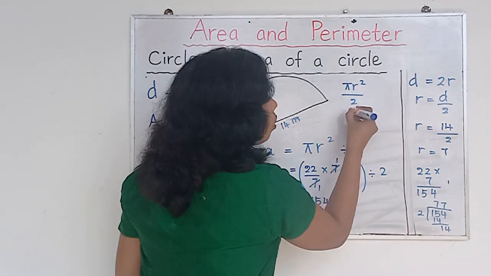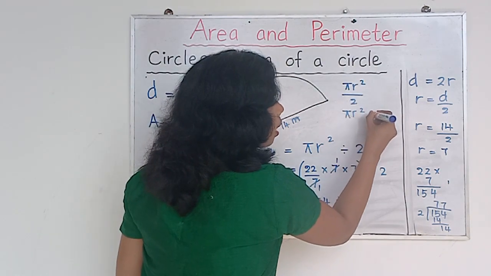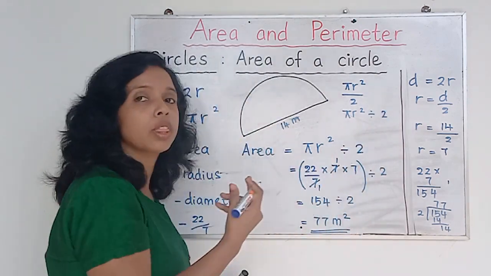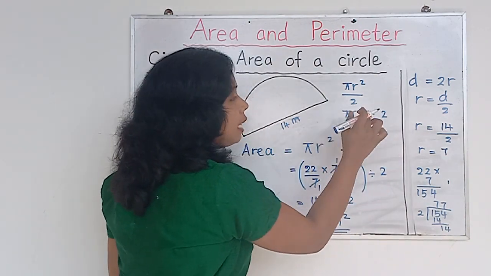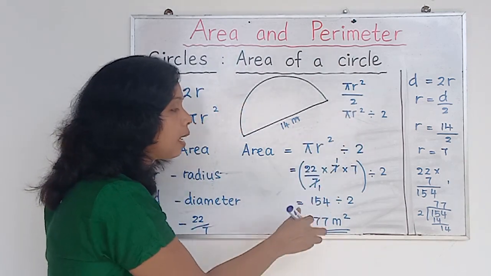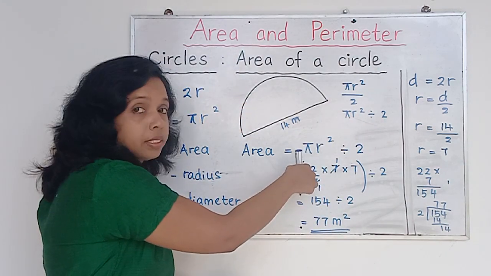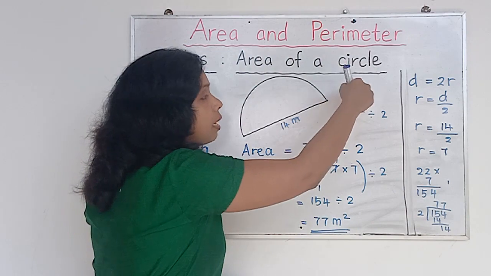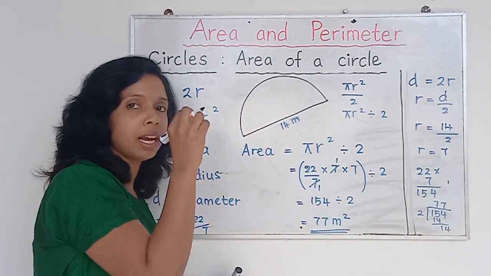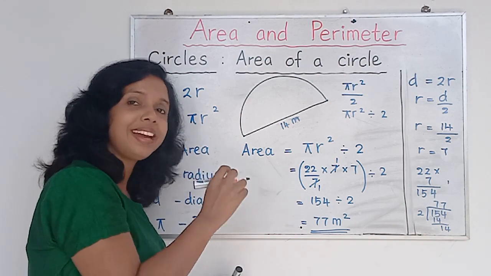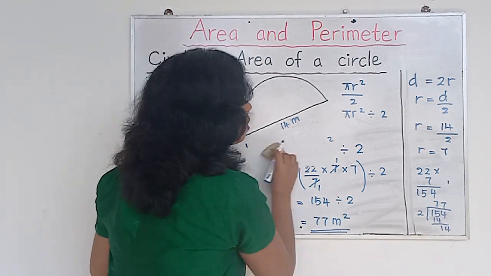And also, we can show πr squared over 2. Both are the same. So, I use this pattern because it is easier for me to calculate, because here also I have a fraction. And if I use this method, there may be some complications when I simplify, when I solve this sum. Right? Okay. Now, let's think.